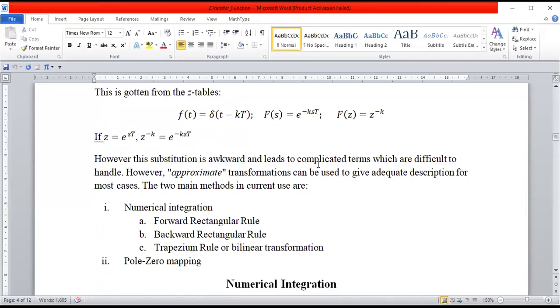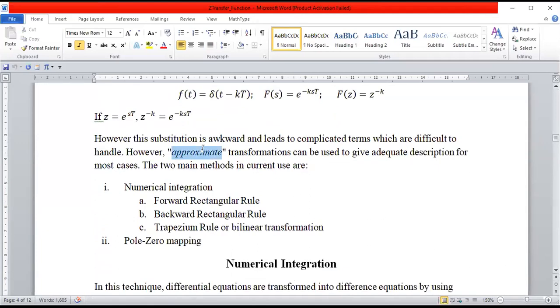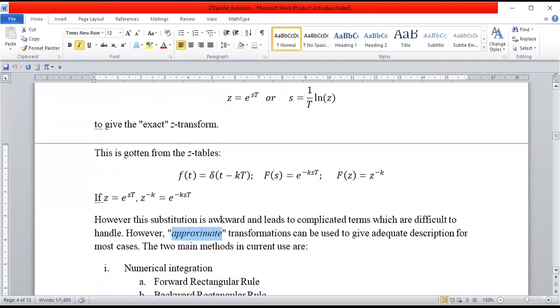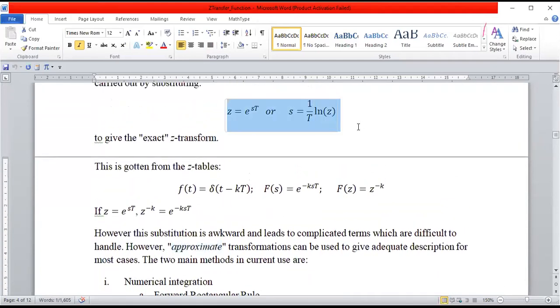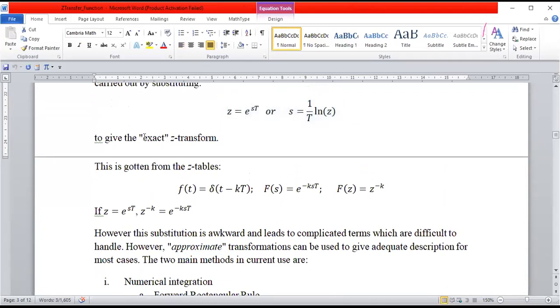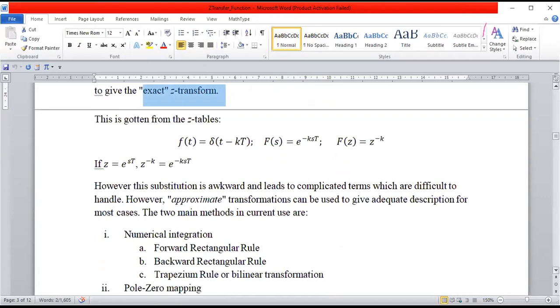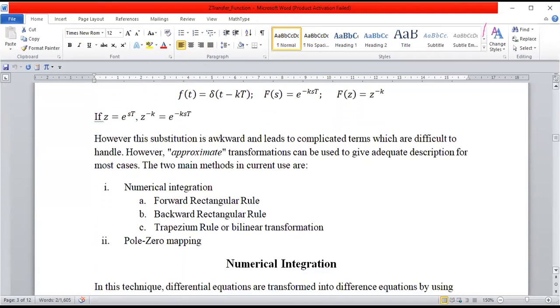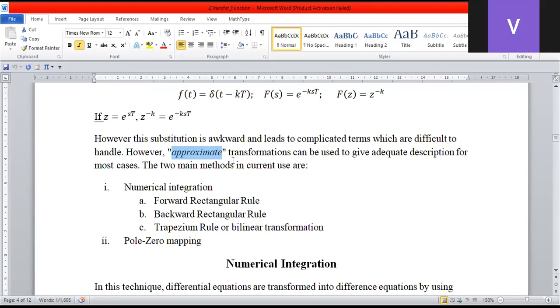It's very, very complicated, but there are other approximate methods we can use. Though this gives us the exact Z transform, it is quite complicated, so we have to look for approximate transformations that we can use to convert from the S domain into the Z domain.